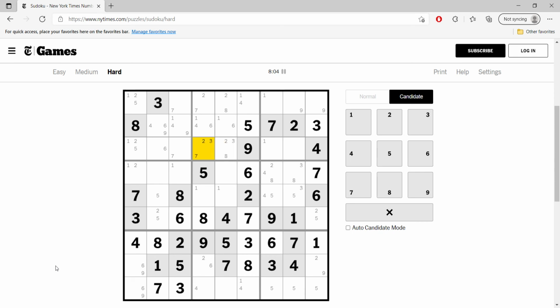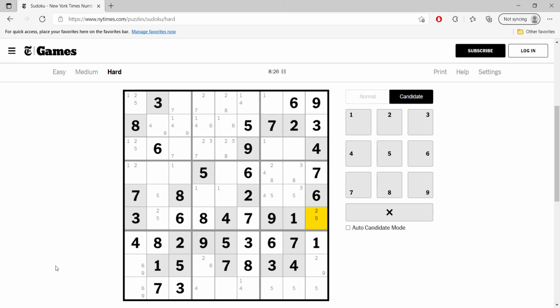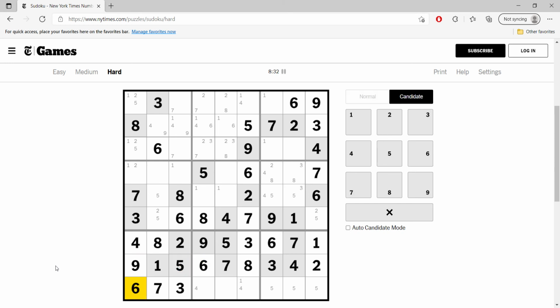So 3 we know. 5 we know. 6 is part of the triple. Oh yeah, but if 6 is part of the triple, then this cell cannot be 6. This is 6. And if this is 6, then we know this is 6 and this is 9. So this is actually 2, and this is 6, and this is 9, and this is 6.